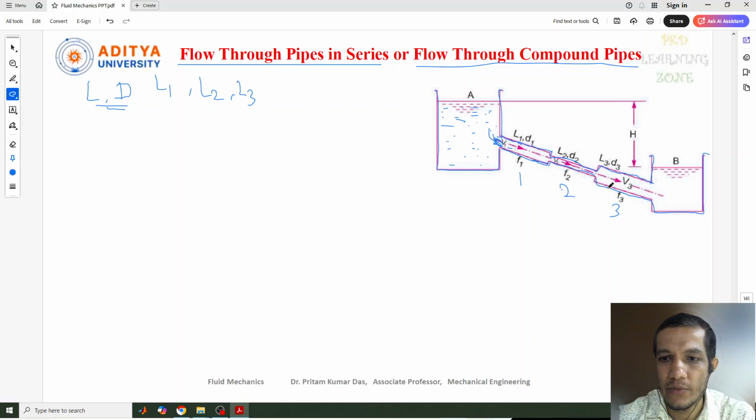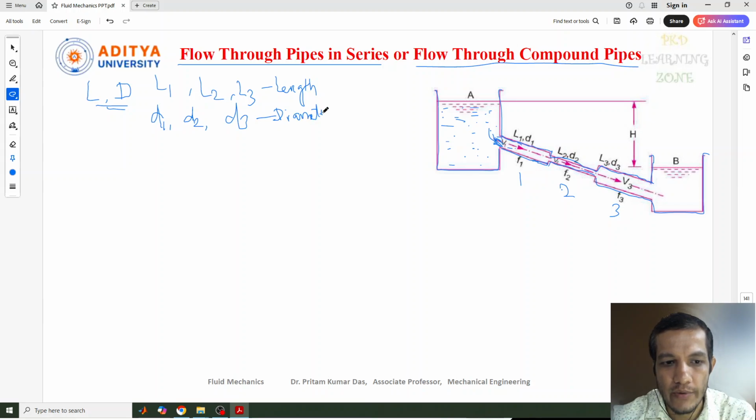Similarly, for each of the pipes we have a specific diameter also, so we can write D1, D2, and D3. This is L for length, and this is D for diameter.